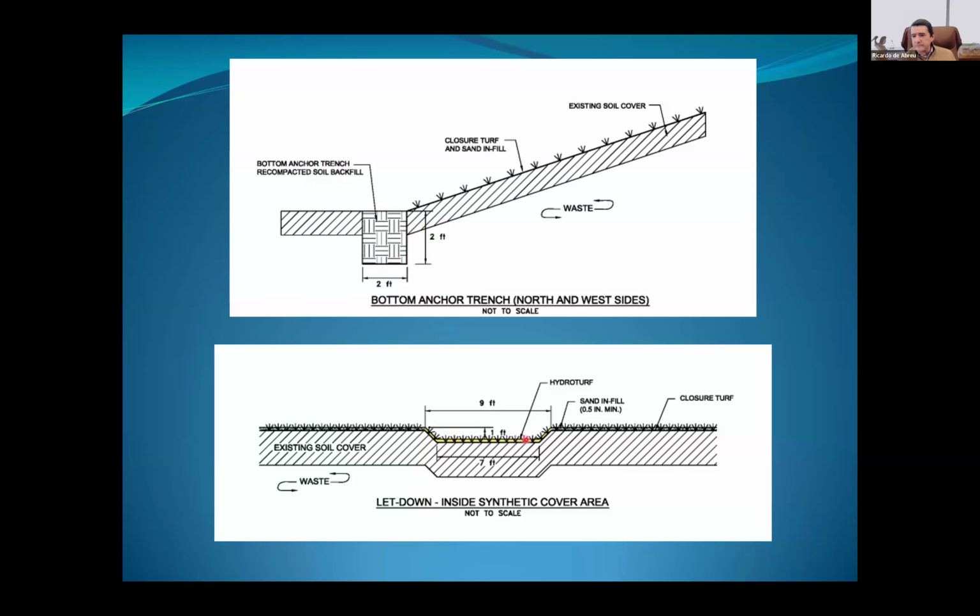The letdowns were 7 feet wide, or 7 to 9 feet wide depending on where they are, using the HydroTurf cement binder that I talked about a few minutes ago. It didn't need to be very deep. 1 foot was enough, and it's there to this day. It works great. It works really great.